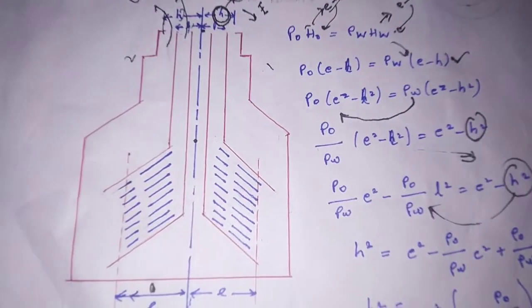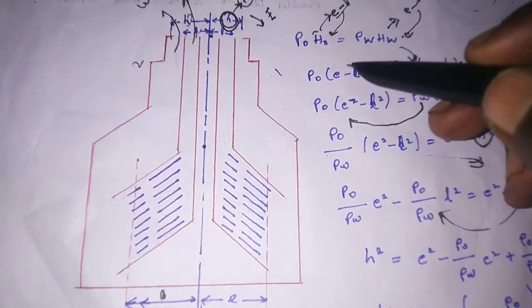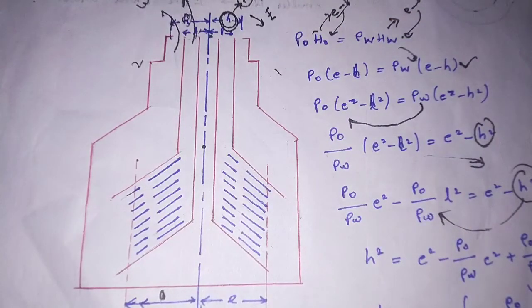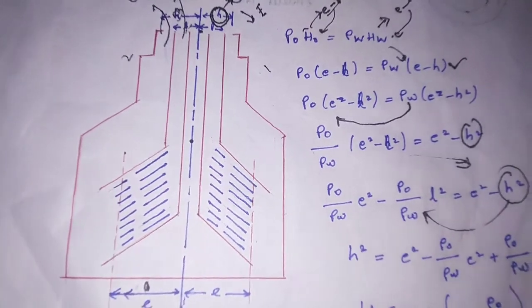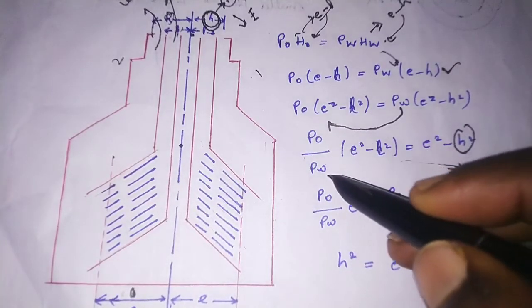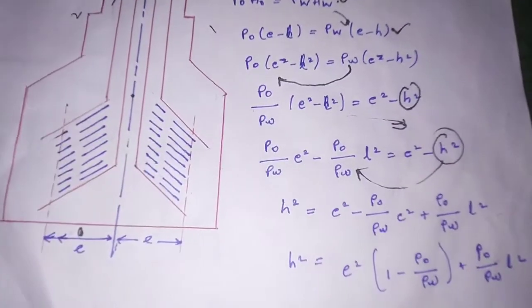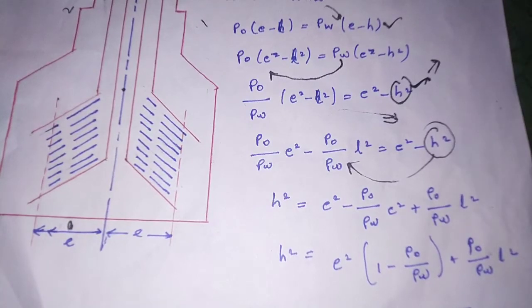Here you can see there are two settling tanks, and this is also H, this is also H. So we add the squares in this equation: rho naught times (E squared minus L squared) is equal to rho W times (E squared minus H squared). Rho W comes to the left side, so rho naught divided by rho W times (E squared minus L squared) is equal to E squared minus H squared. So we need the H value, because only by increasing or decreasing it can we maintain the E line at point E.